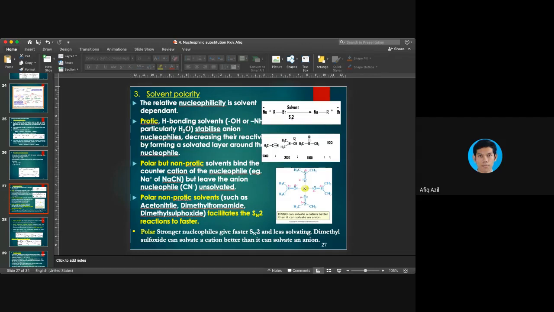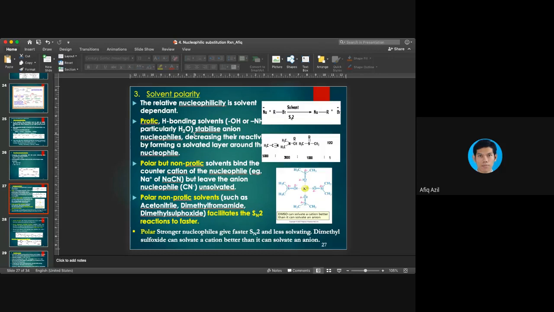It has the ability to form hydrogen bonds. So what happens is it will stabilize anion nucleophile, decreasing their reactivity by forming a solvated layer around the nucleophile. So if you use polar protic solvent, it will make your nucleophile strength decrease.